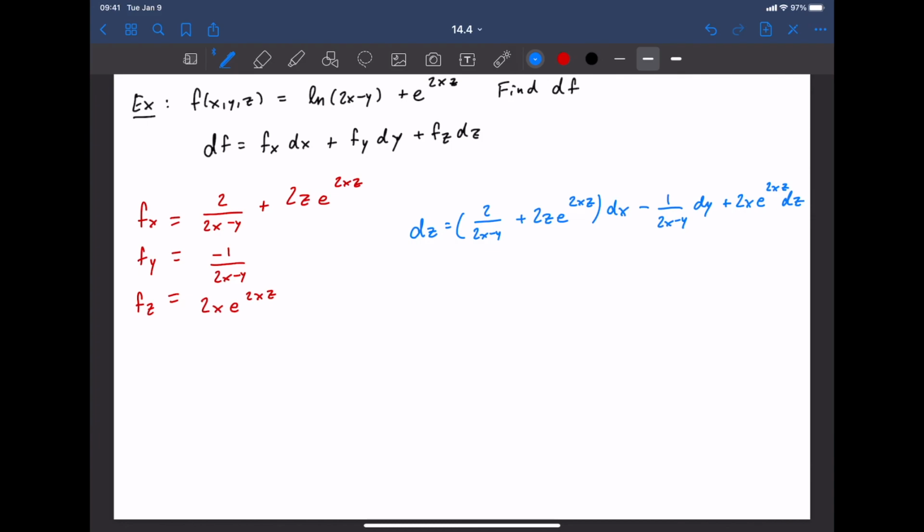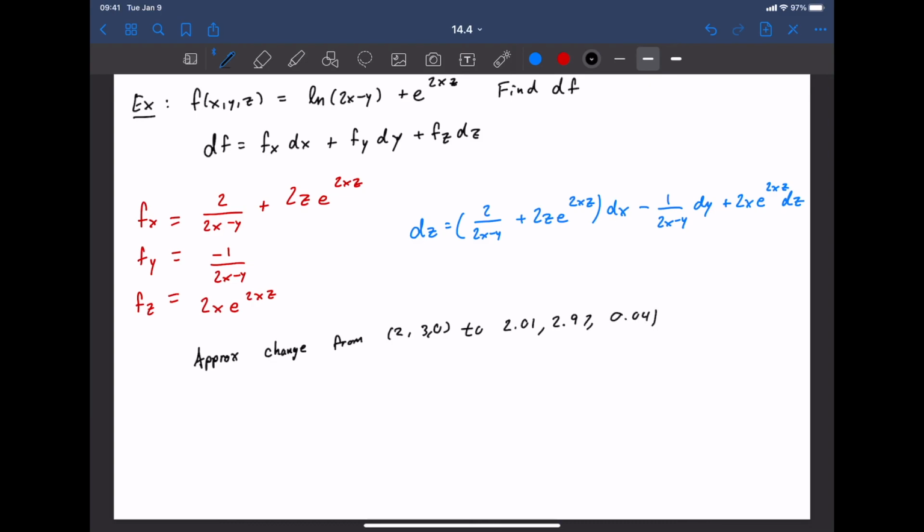That's a differential. And so a follow-up question could be, approximate the change from (2, 3, 0) to (2.01, 2.97, 0.04).